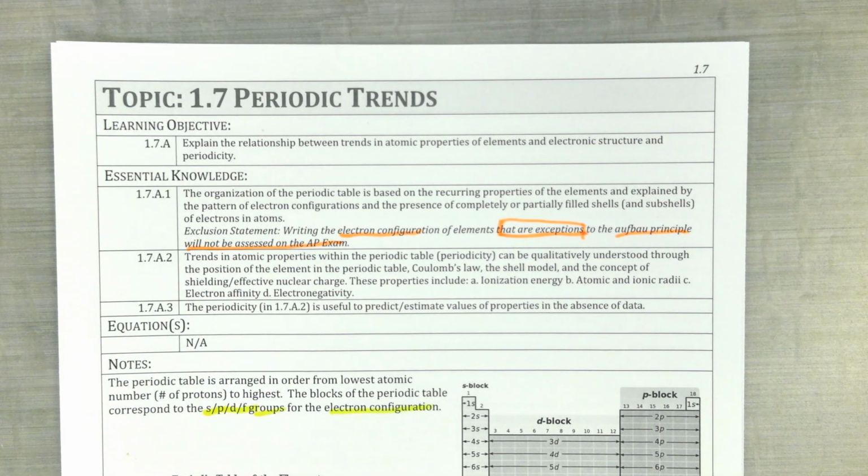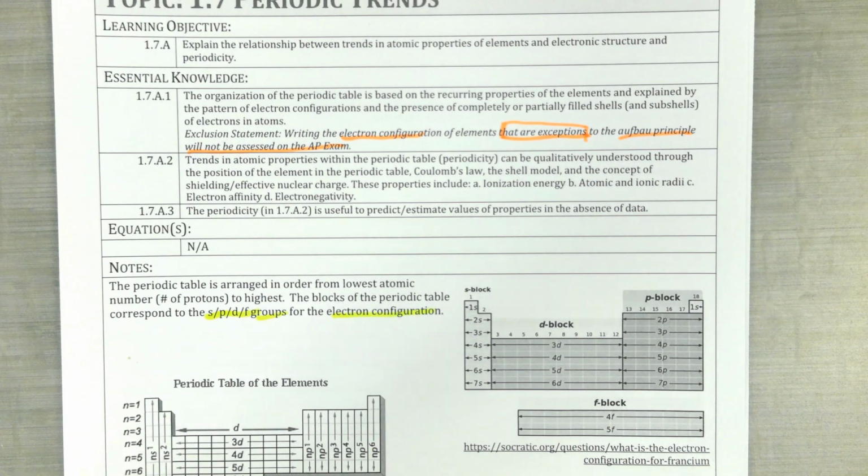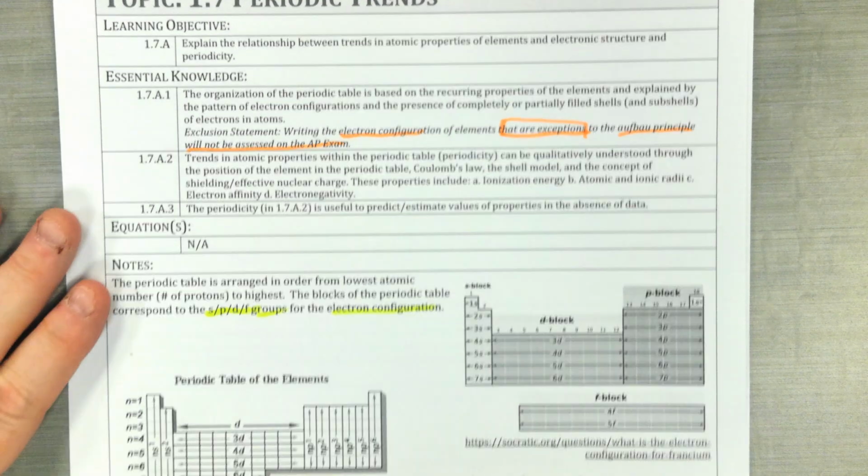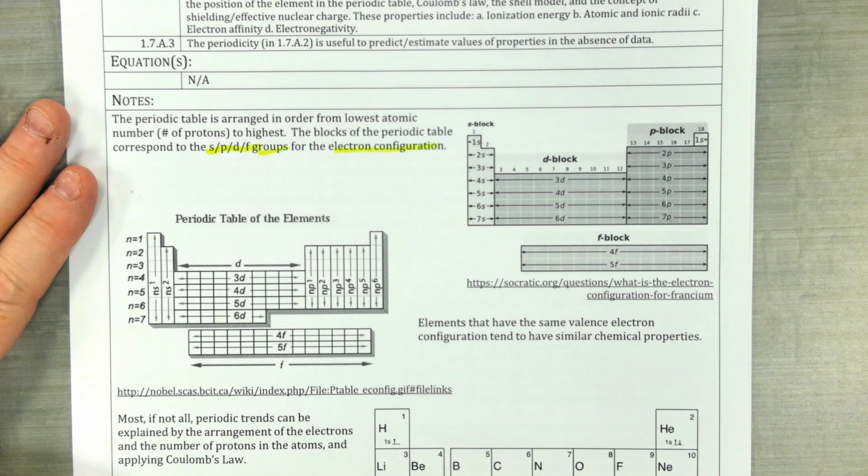So there are certain elements, based on their atomic size or electronegativity or ionization energy, whose electron configurations fill the shells differently. Those are not going to be assessed. You will have electron configurations on the AP test, but not those quirky ones that are kind of out of order.